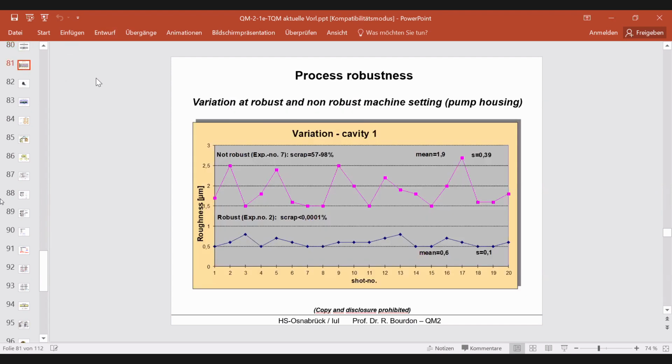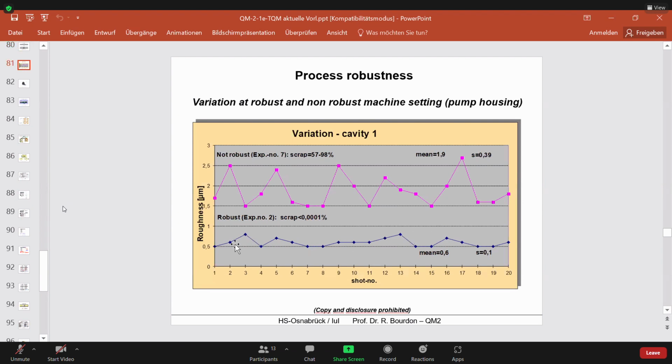Here's some examples. This is an example of the roughness of a sealing area of a pump housing. And you see the roughness here depends, in this case, on the molding of the housing. It is an industrial molded plastic component. And here there are some machine settings. Here you see a machine setting with a very low roughness and small variation.